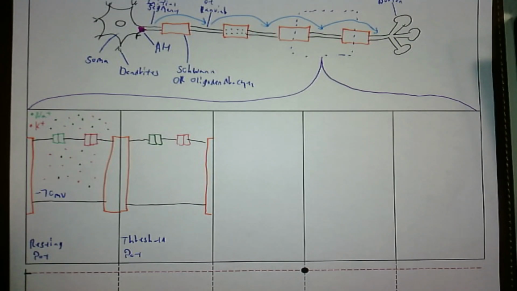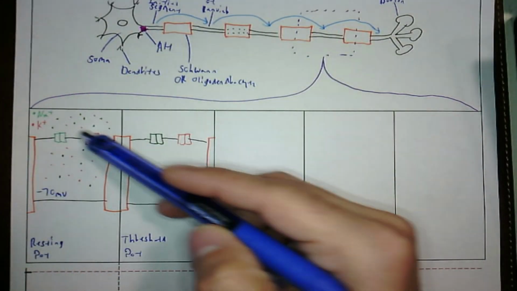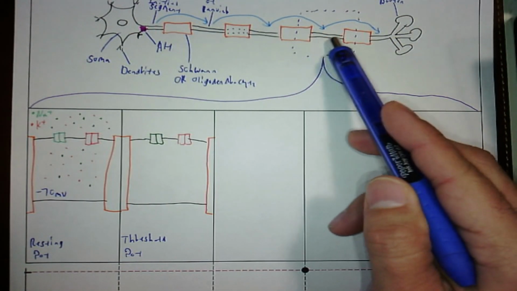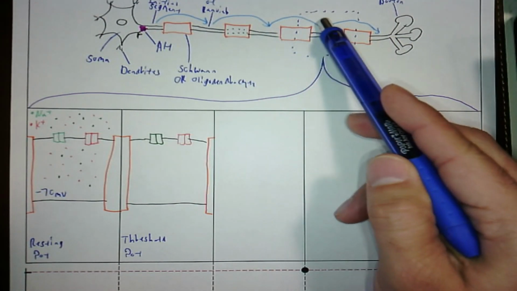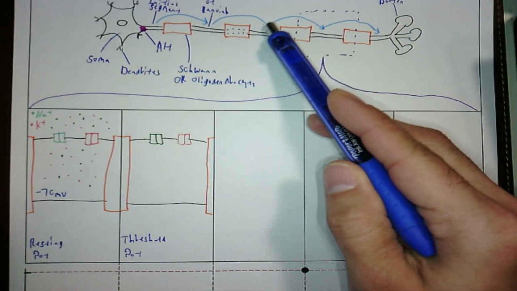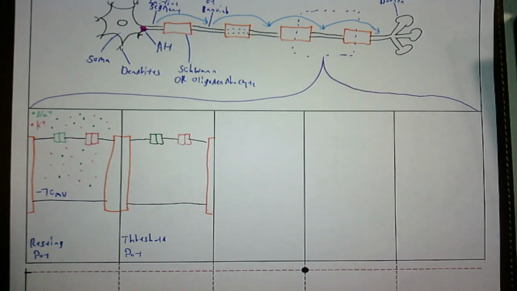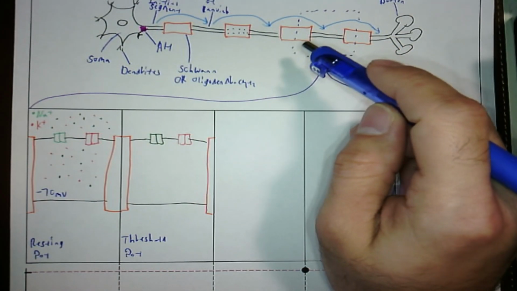And at threshold potential, so keep in mind this first panel represented this node when nothing was happening to it. It was just at rest. But this panel is going to represent when an action potential has finally reached this node. So this action potential has jumped and is now hitting our node that we've been drawing. And so what's going to happen is first we need to see if this node can even carry on this action potential.